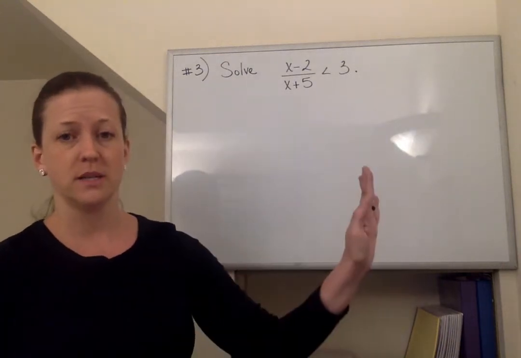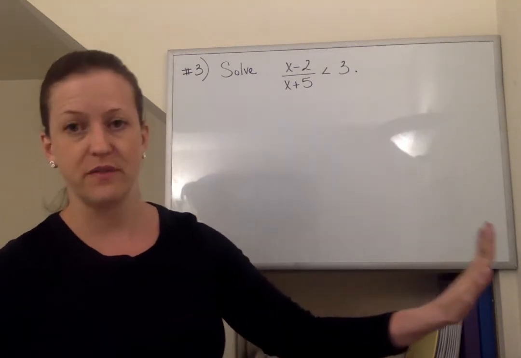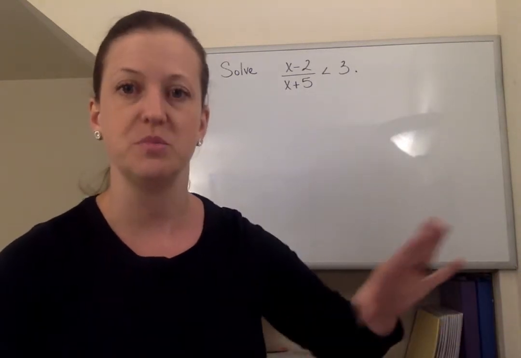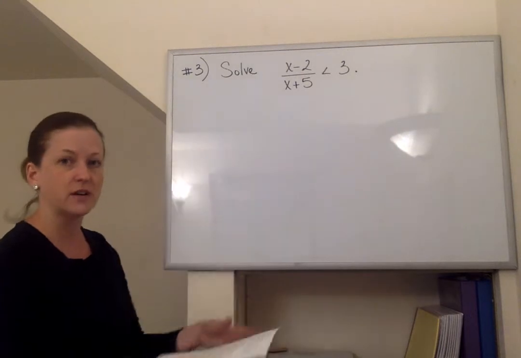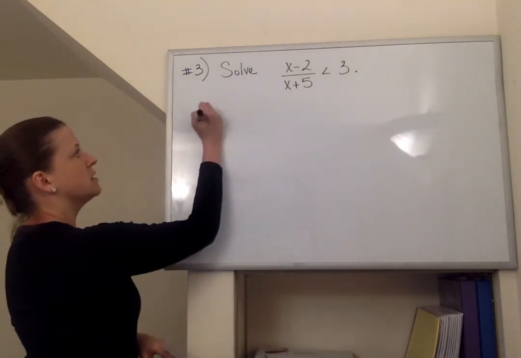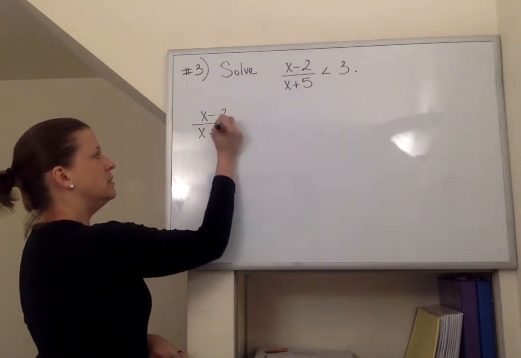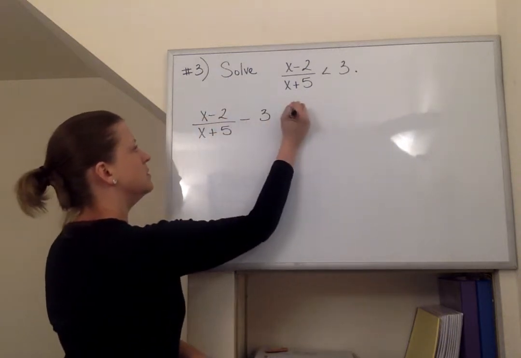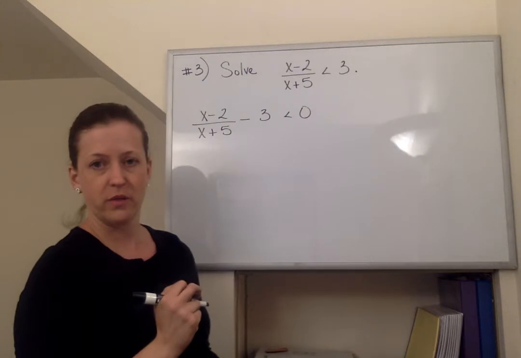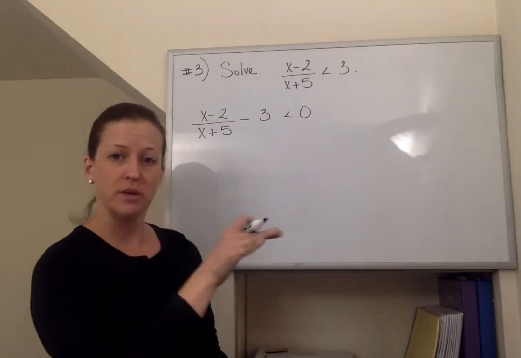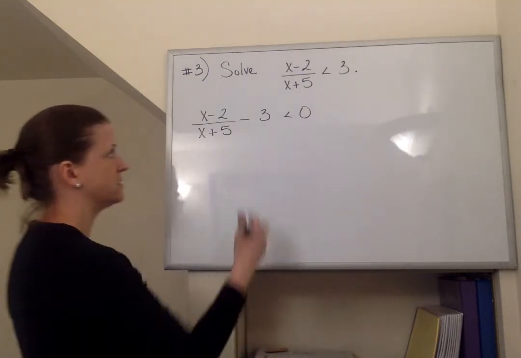First of all, you want 0 on one side of the inequality, and you want the other side to be simplified. So I'm going to subtract the 3 over. So I've got 0 on the right side, and then I'm going to get a common denominator and actually simplify this.